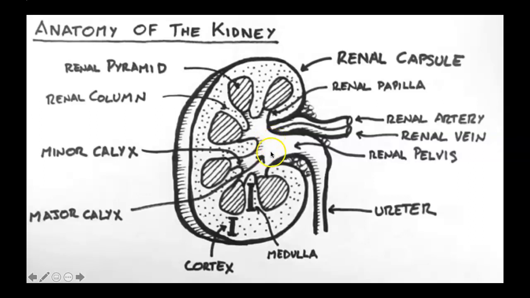At which point, this is urine in the renal pelvis. And of course, the urine then makes its way to the ureter. The blood that we know was filtered makes its way from the nephrons back out through the renal vein, and then back into circulation.